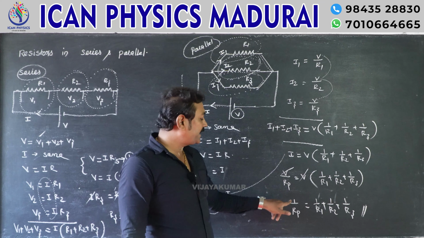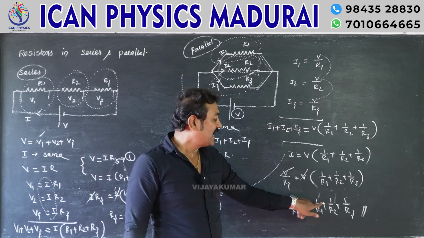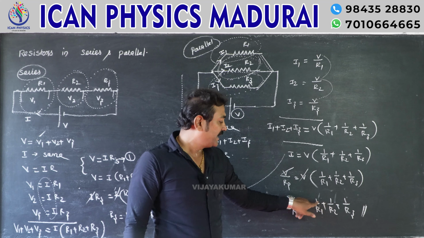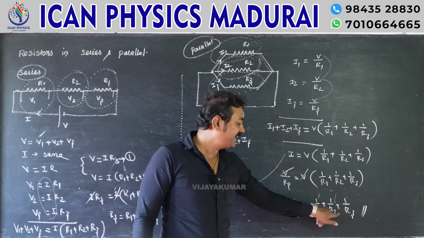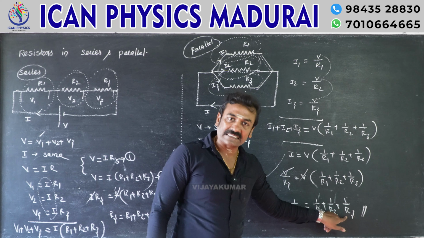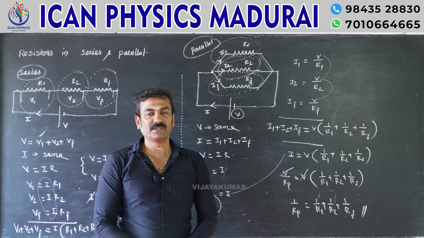So the effective resistance in parallel is defined by the algebraic sum of the reciprocals of the resistances of the individual resistors. Do you get it now? Do you have any doubts? No doubts.